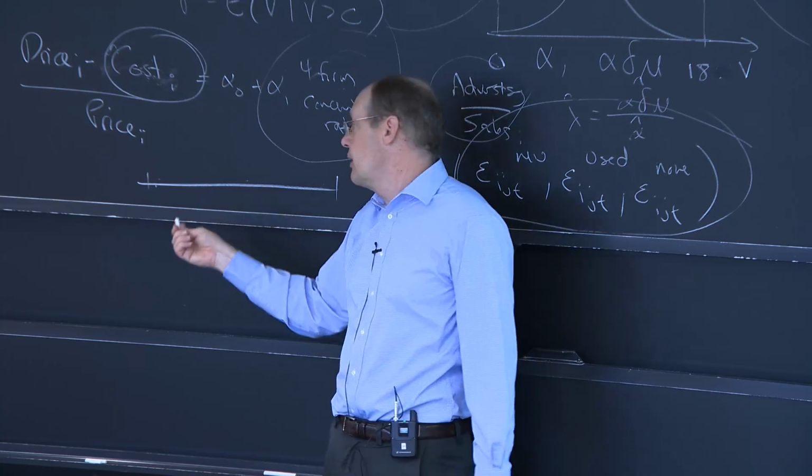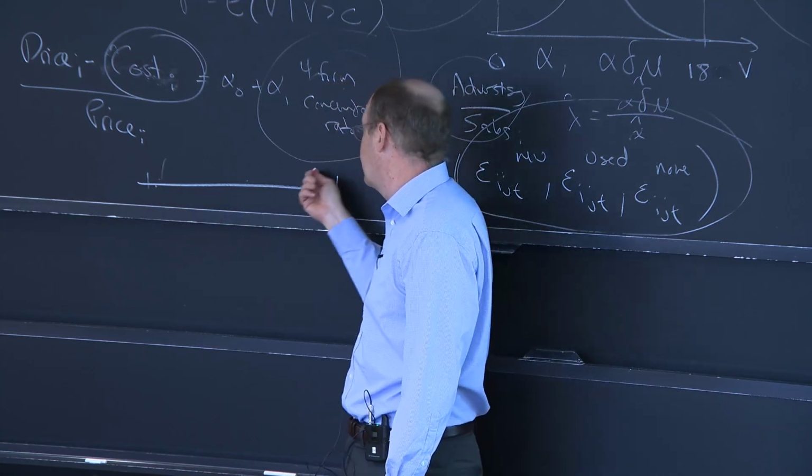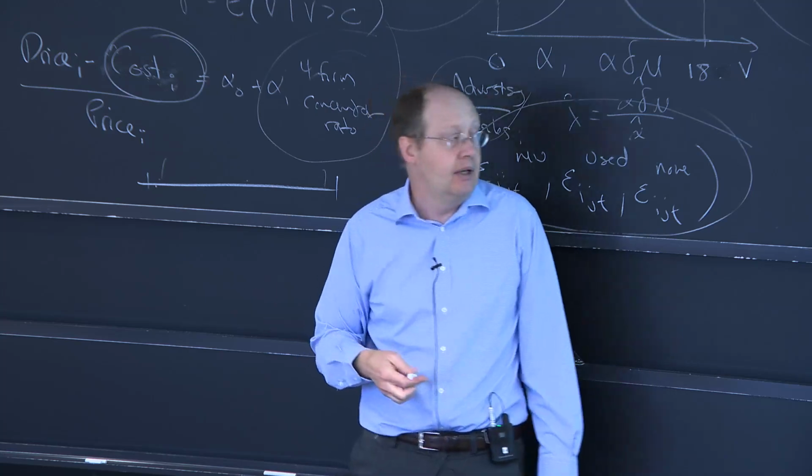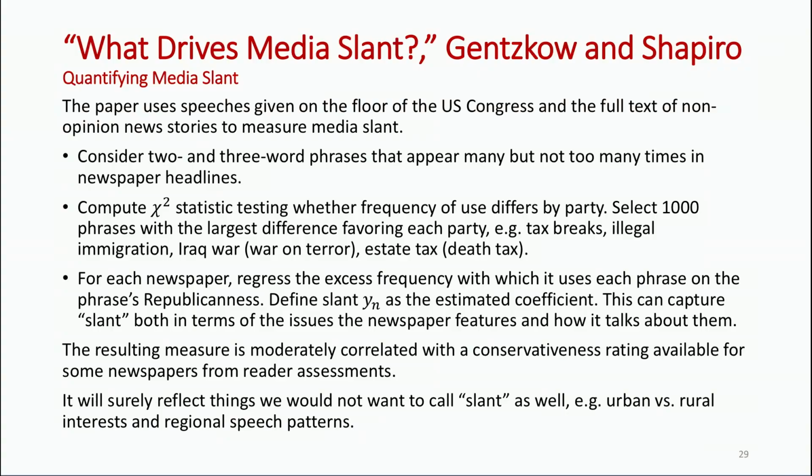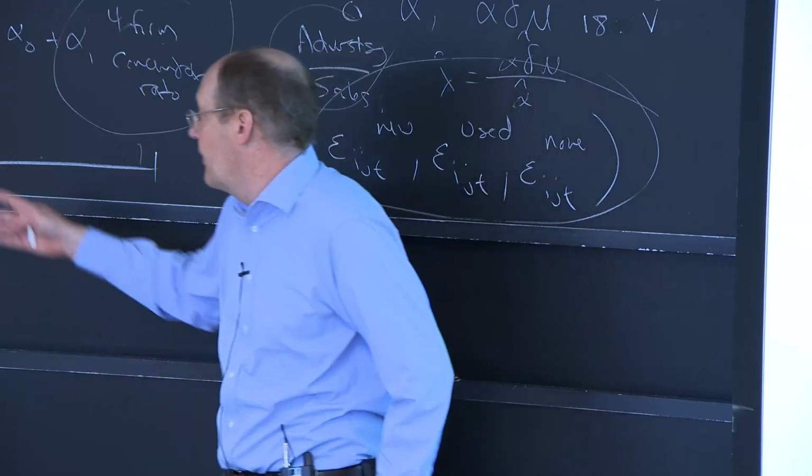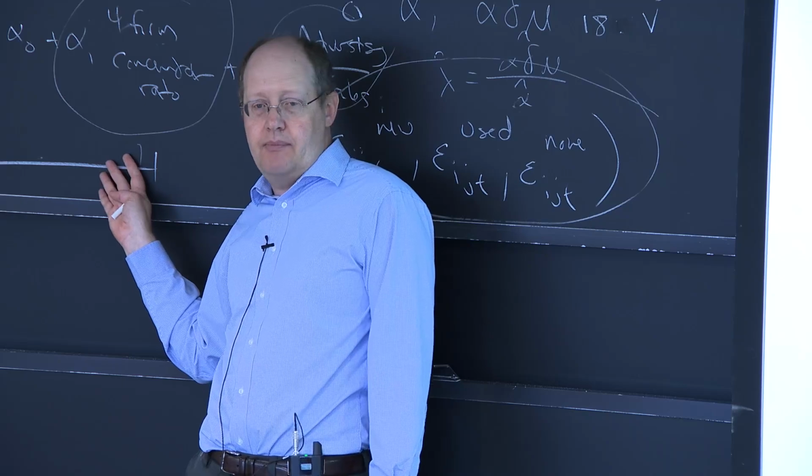And so they use this for what is being spoken by far left people and what's being spoken by far right people. They select 1,000 2- and 3-word phrases that are used at significantly different frequencies by people on the left versus the right of the political spectrum.